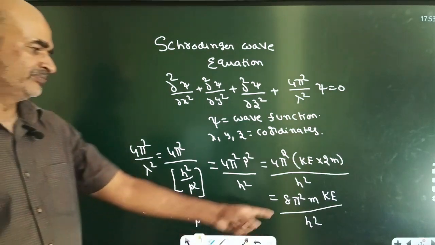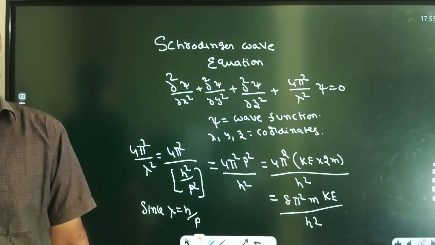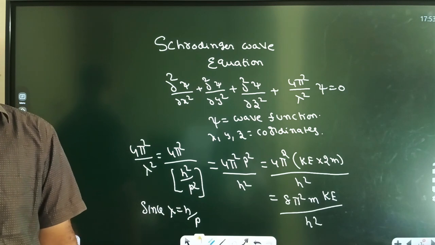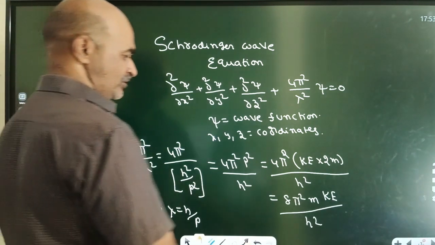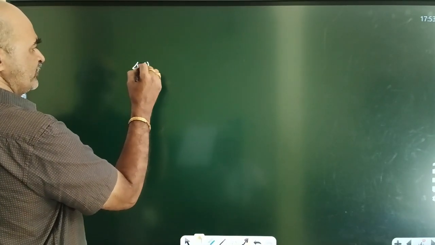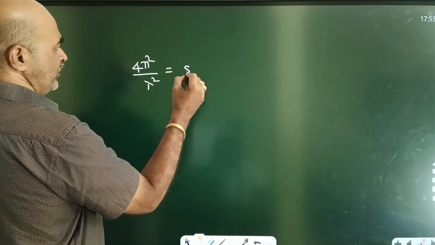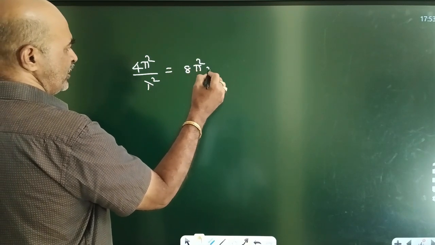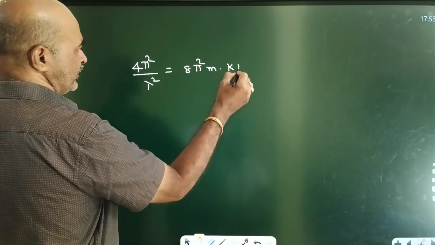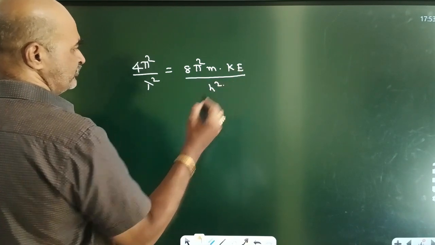So 4 pi square divided by lambda square is equal to 8 pi square m kinetic energy divided by h square.